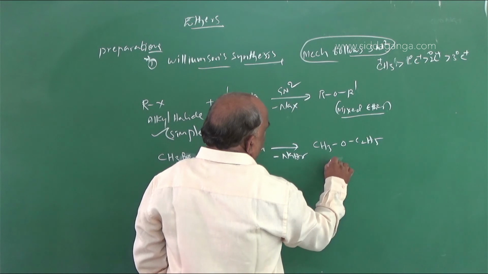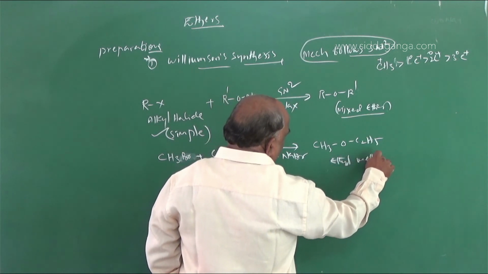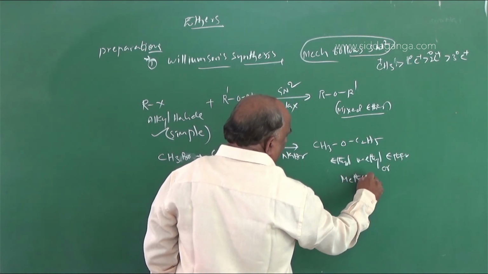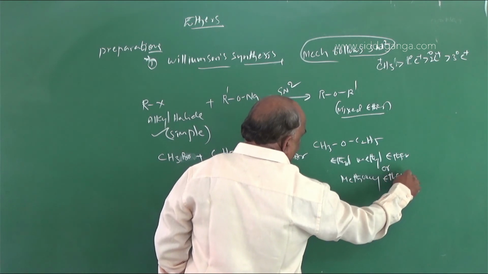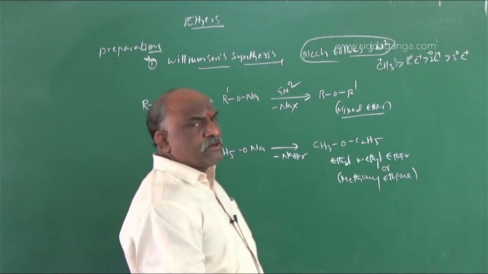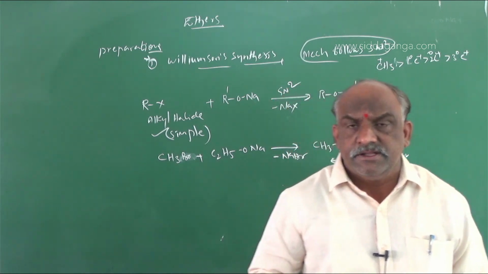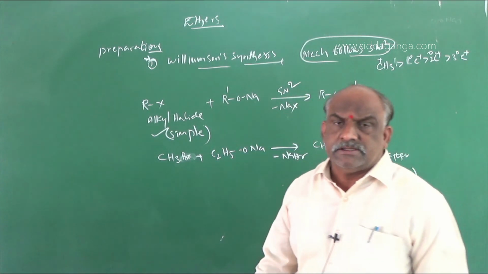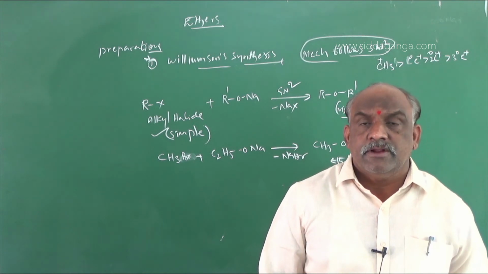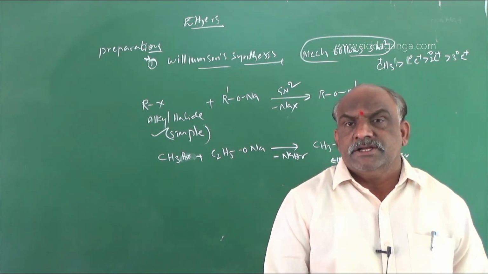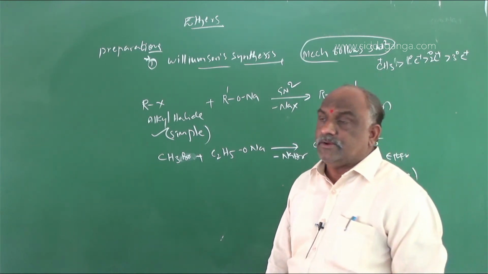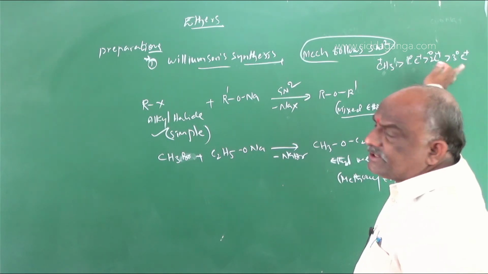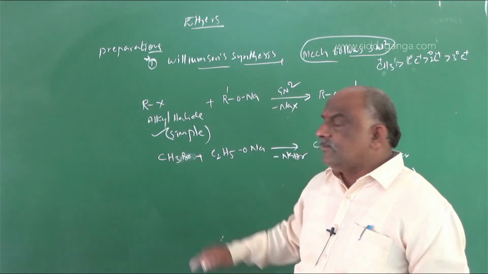So it is ethyl methyl ether, also called methoxyethane. The alkyl halide is simple, CH3Br, because the mechanism followed is SN2, a bimolecular nucleophilic substitution reaction. The order of the reaction is 2, bimolecular. Methyl is more reactive than primary, then secondary, then tertiary. So this will be the process.